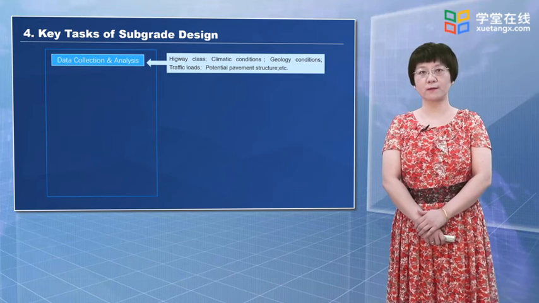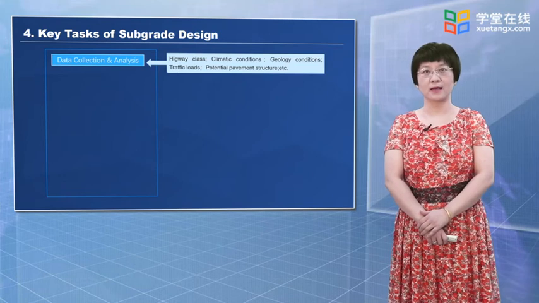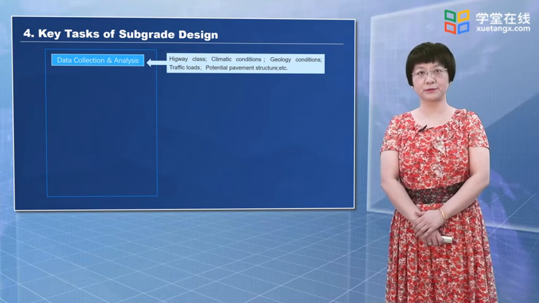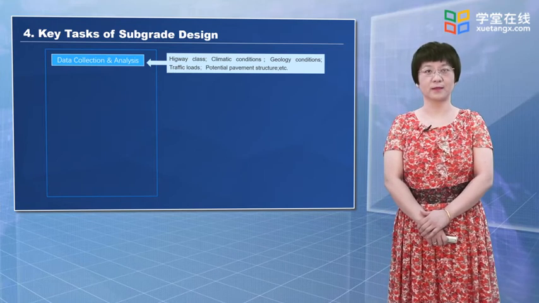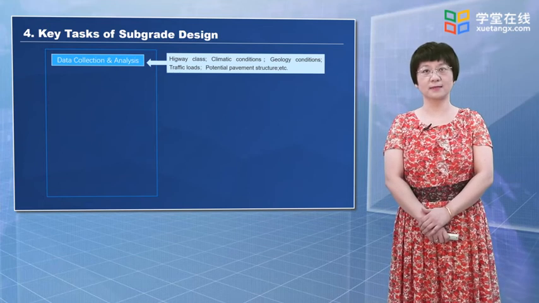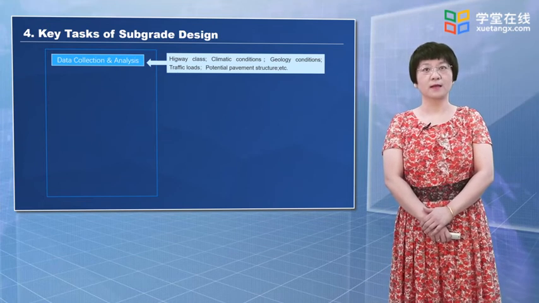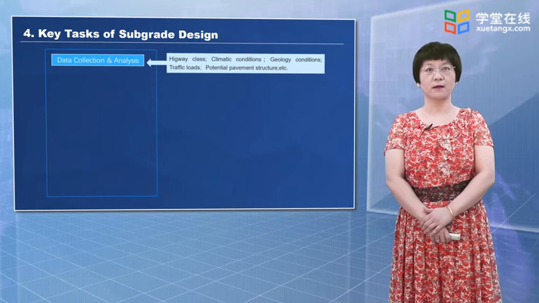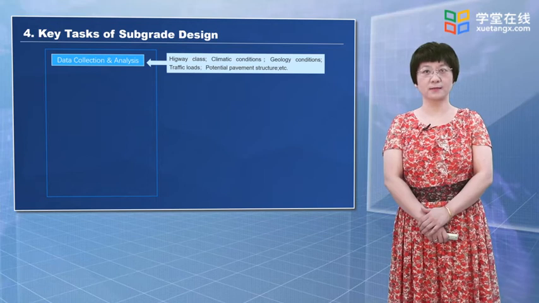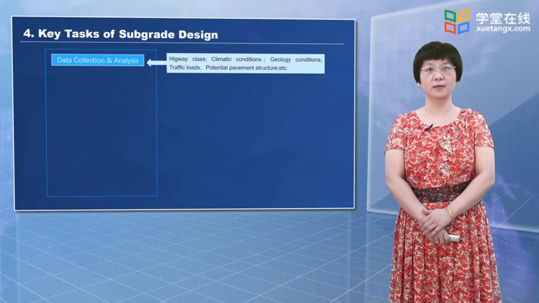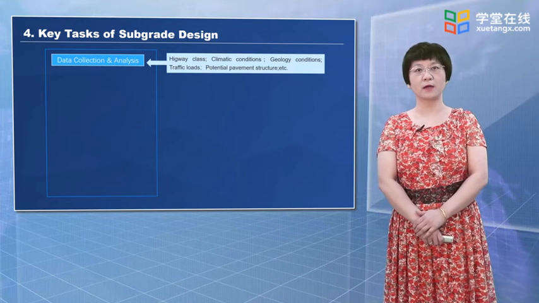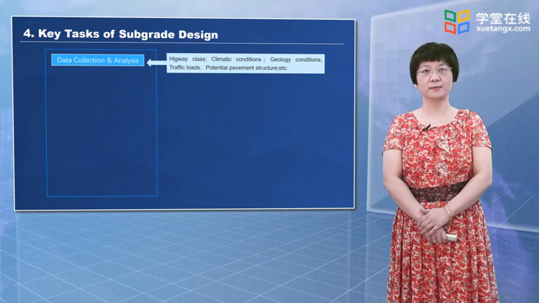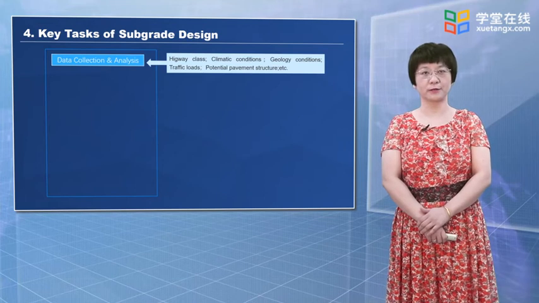We should know the following: highway class, such as whether the road belongs to expressway, first class, second class, etc. Climatic conditions in the region, which may include temperatures, annual rainfall, adjacent water sources, etc. Geology conditions along the road, which include landform, geological structures, natural hydrology, earthquake, filling materials, sources, etc.